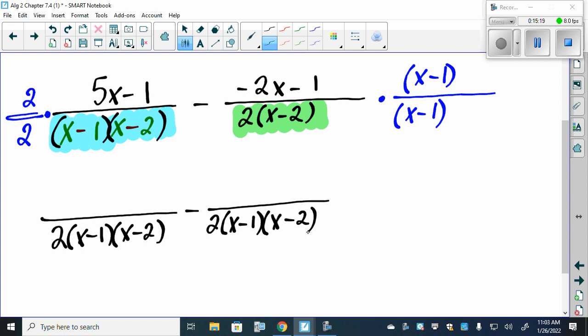The denominator, the bottom of the fraction. So they call it a least common denominator. Now we do need to multiply the numerators by these terms. So on the left, we're going to multiply by 2. So 2 times 5x is 10x. 2 times negative 1 is negative 2.